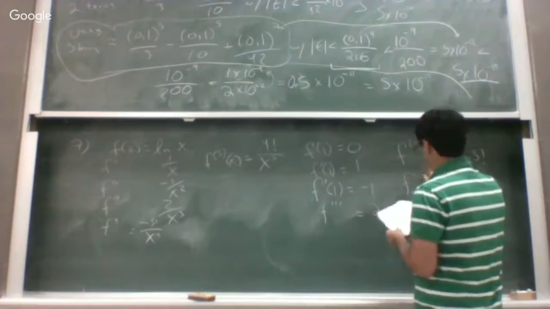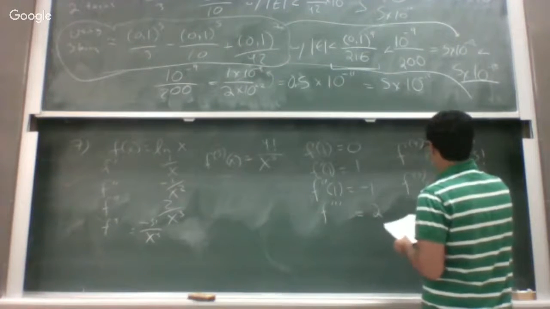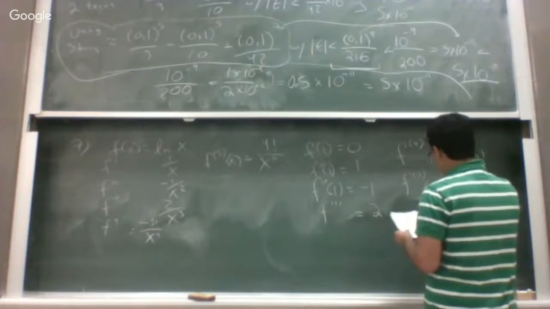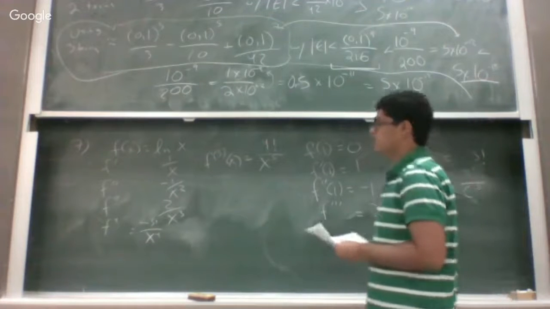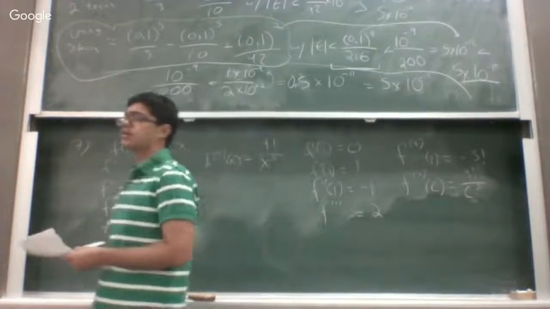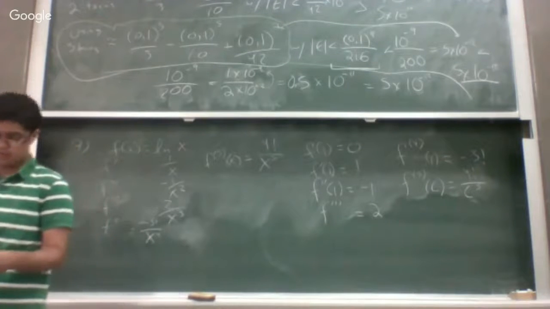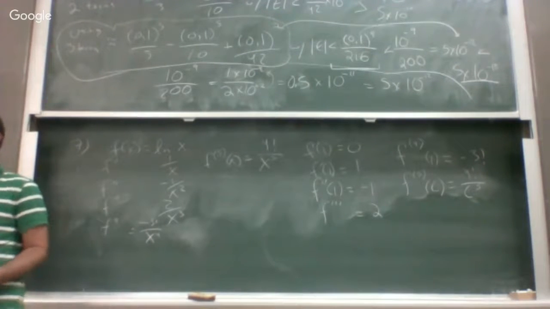And to the 5th, they just wanted to do it prime of c. So we have 4 factorial times c to the 5th. So that chart, you guys should have no problem with that. That's worth 4 points.